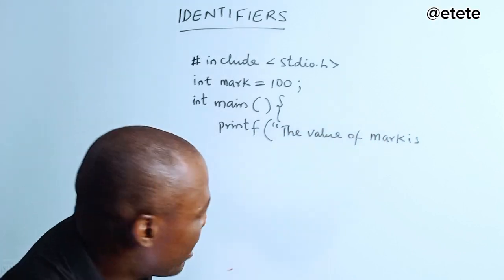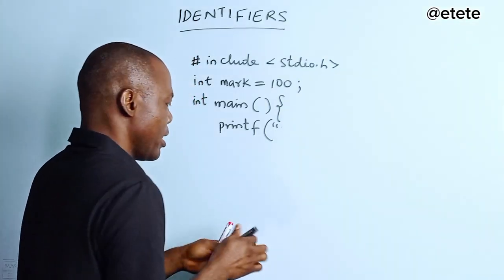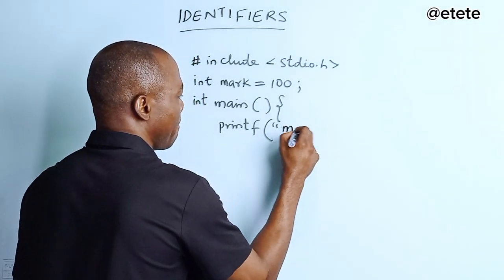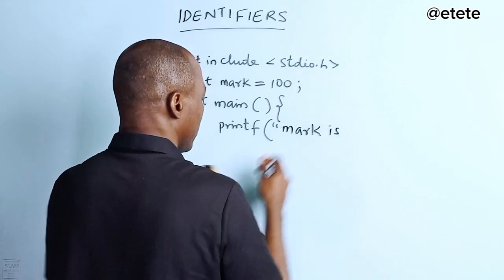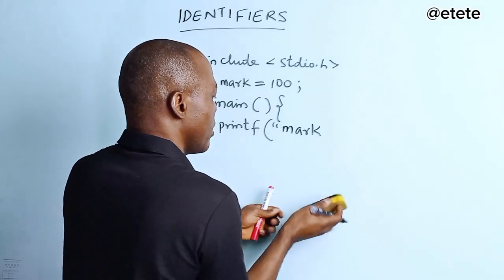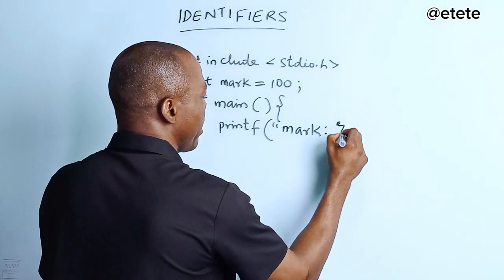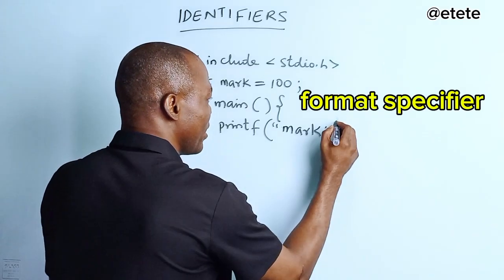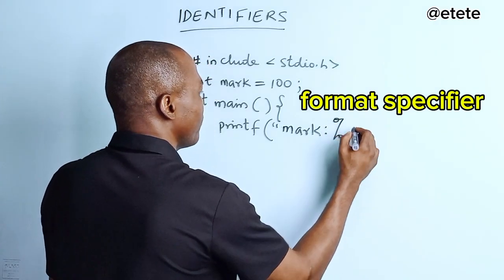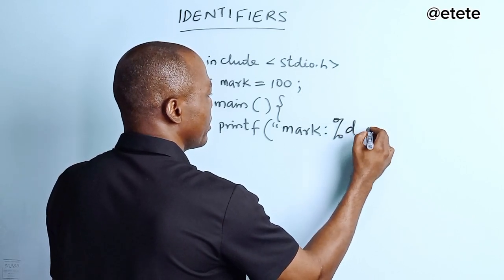you might not be able to see that far, so let me write it this way. Mark is, then I bring my format identifier, %d.